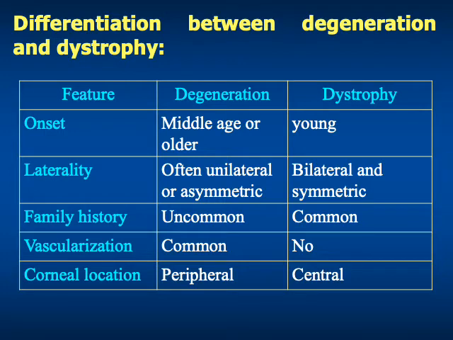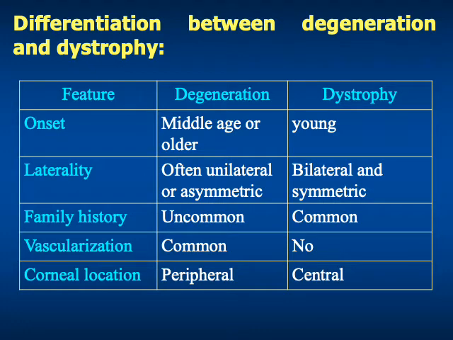What is the differentiation between corneal dystrophy and corneal degeneration? Degeneration occurs in middle age or older, while dystrophy occurs in young age. Degeneration is usually unilateral or asymmetric, but dystrophy is bilateral and symmetrical.